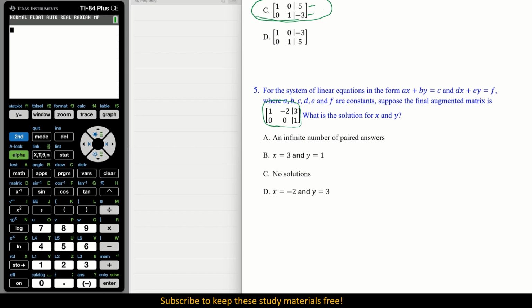What is the solution for x and y? If you recall, again, this is just basics. Do you know your basics? Well, you should know from prior videos or just high school, maybe, college bare minimum, that this would be no solution. So the answer is C.